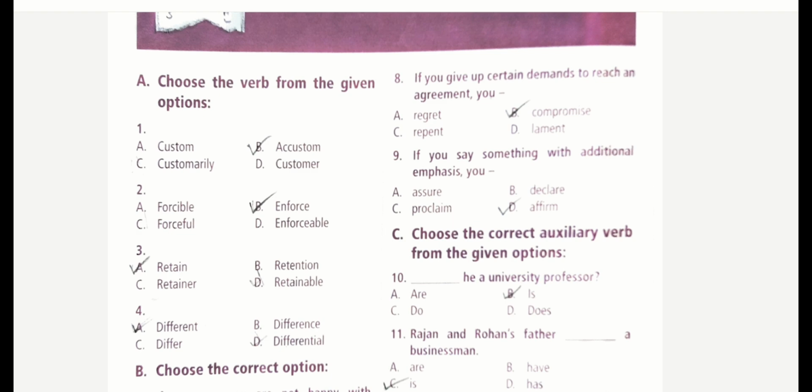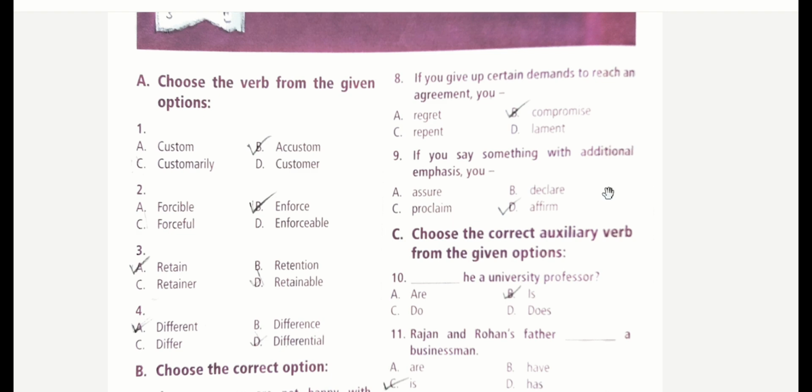So retainer is a noun. What is the meaning of retention? It means the act of keeping or holding on to something, like information or people. Okay, and this word retention is a noun. Next is retainable. It means something that can be kept or held on to. The part of speech is an adjective.